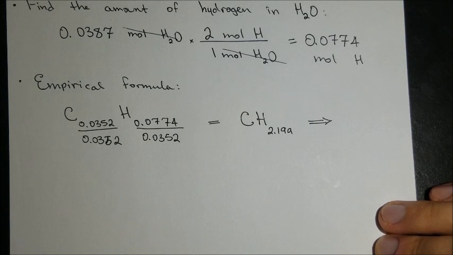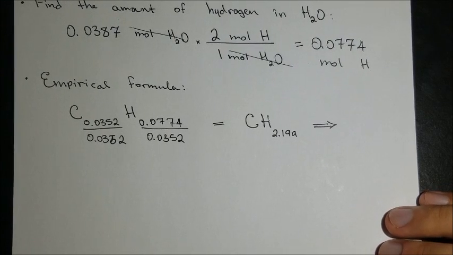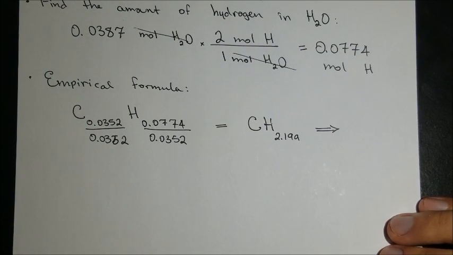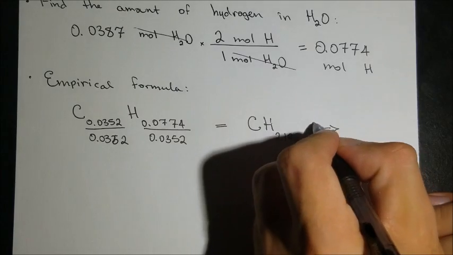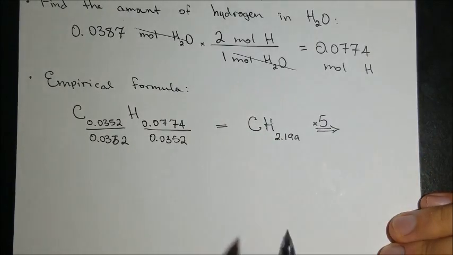We can try 2, 3, 4, 5. This is just a matter of trial and error, but the number that would get you the closest to an integer would be 5.